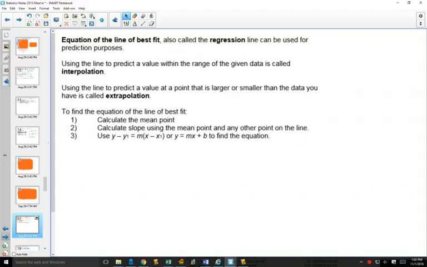Well, we're going to use our mean point, and then we're going to use another point that's on our graph. So we can go back to our grade 10 math, y equals mx plus b, or y minus y1 equals m times x minus x1. Use our slope-point form or our slope-intercept form to find the equation of our line, and then we can use that to predict values.